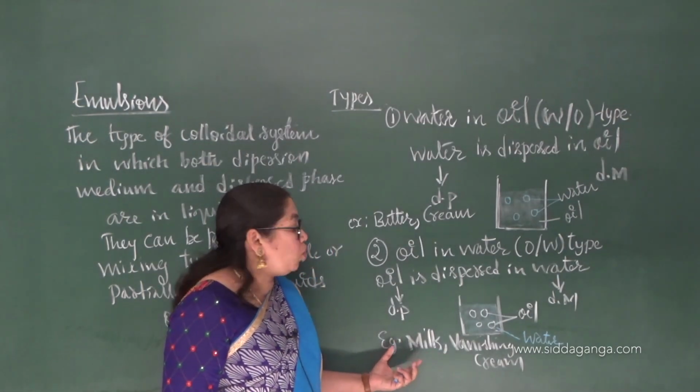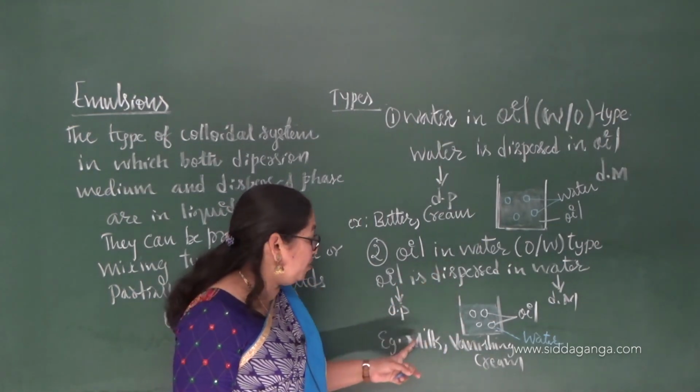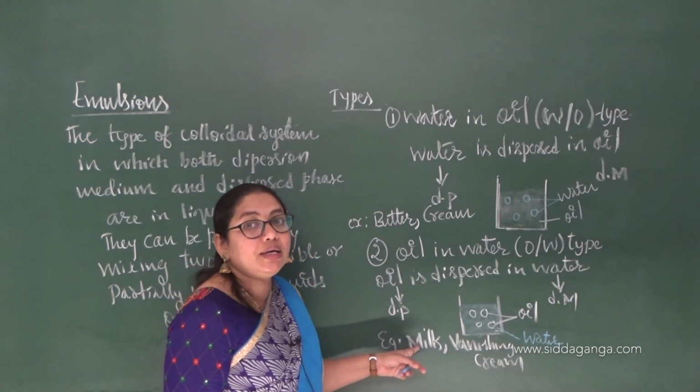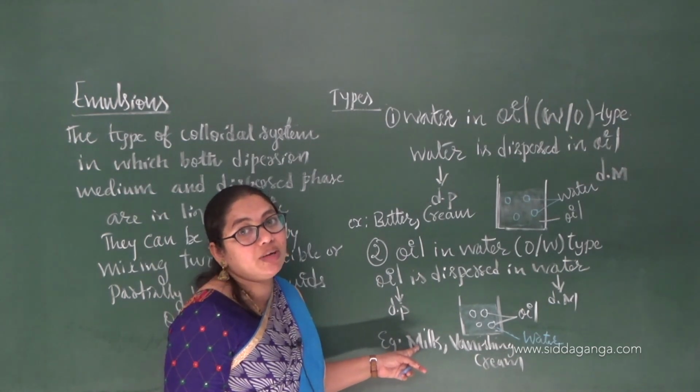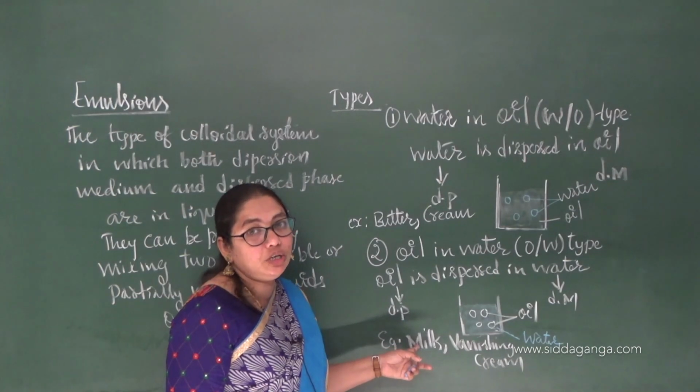So that is nothing but oil in water type. Oil in water type is an example for milk. In case of milk, fat and water we can see. Fat acts as the oil and water acts as the dispersion medium there.